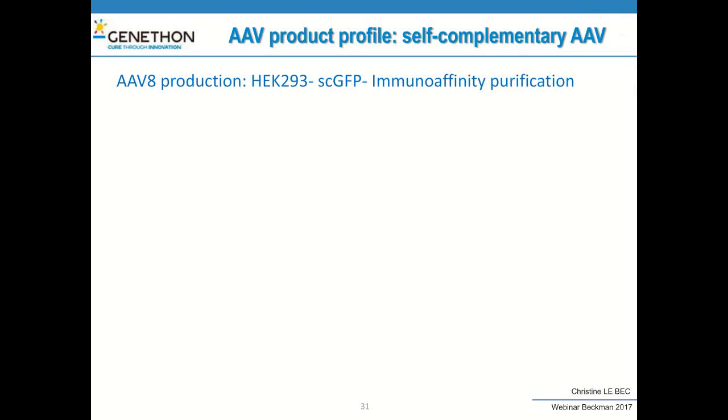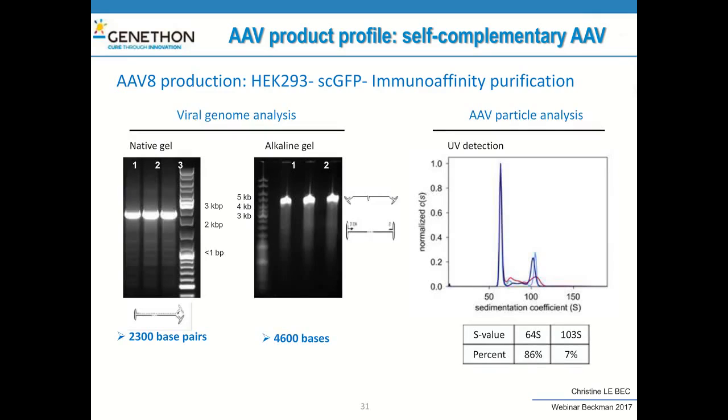So we have made some double-strand AAV GFP particles, and on the left panel you can see we made a characterization of the DNA, and you can see by alkaline gel that we have only one band at 4,600 bases.